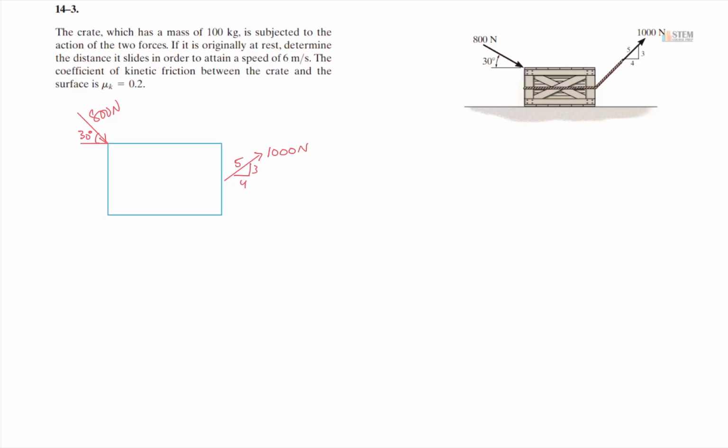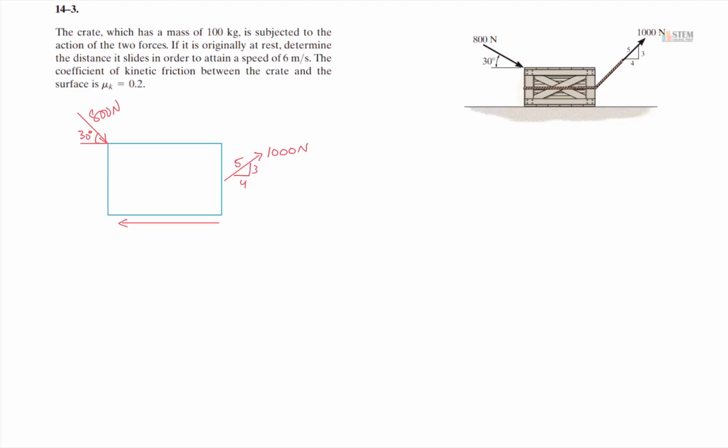All right, now notice it says that we've got friction in here, so we need to include that. If we're pulling it to the right, this force obviously is going to be moving this way. So friction is going to go in the opposite direction, so it's going to go like that. And we need to put that on here. So here's friction. Remember, for friction, you're going to have your coefficient of friction times your normal force.